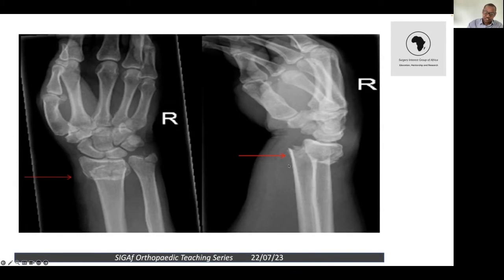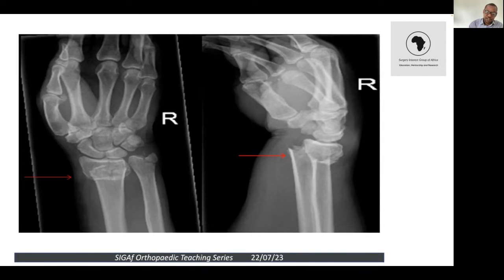So this is a dorsally displaced transverse fracture of the distal radius with what appears to be some comminution around there. The fracture is dorsally angulated, as you can see from there, that this cup is meant to be facing to the front, but it seems to be slightly flat or just about facing the back.